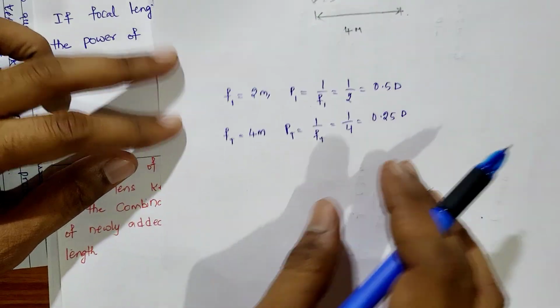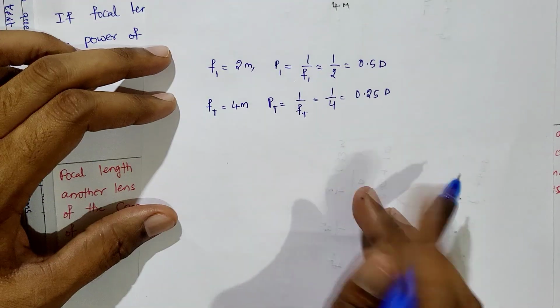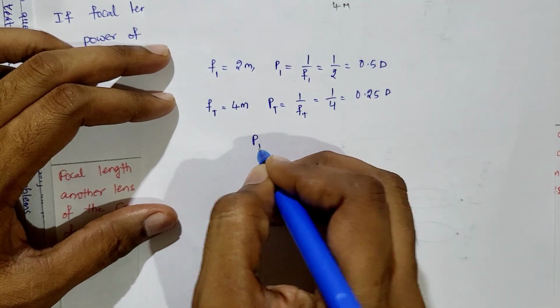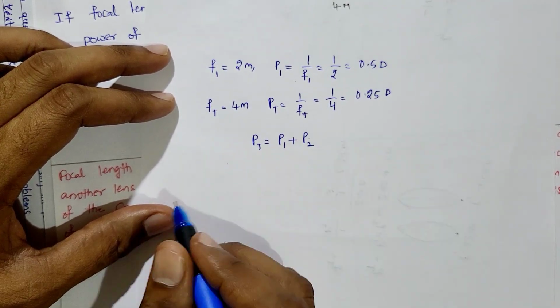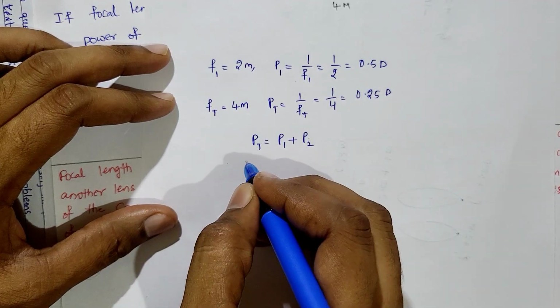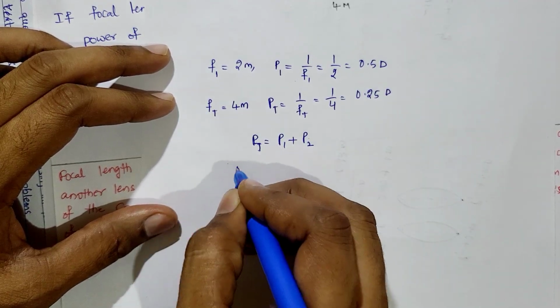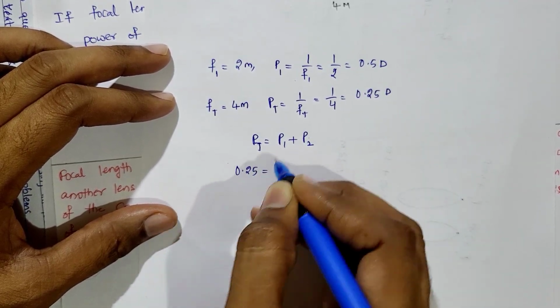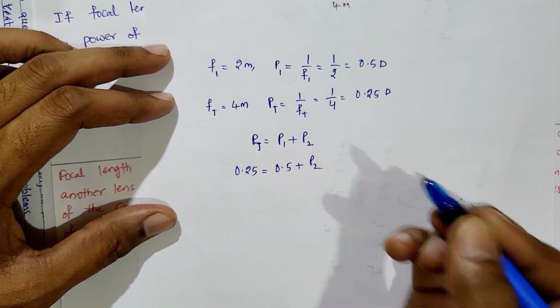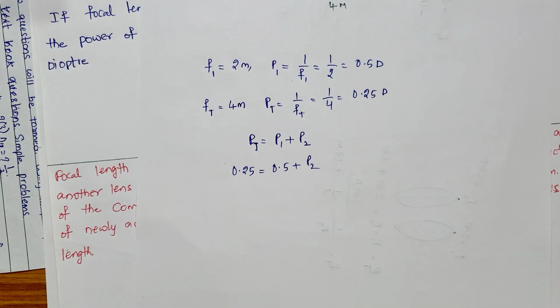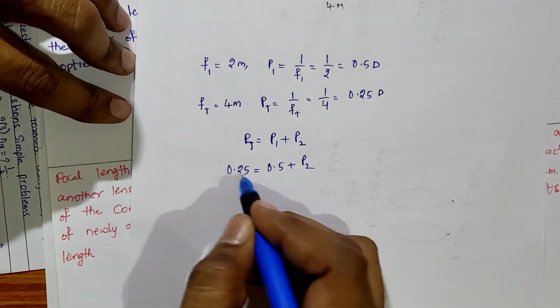Correct? So what do we know? We know the formula for total power. Total power will be equal to P1 plus P2. P2 we have to find out. P total is 0.25. 0.25 is equal to P1, which is 0.5, plus P2. We want P2, so send this 0.5 to this side.